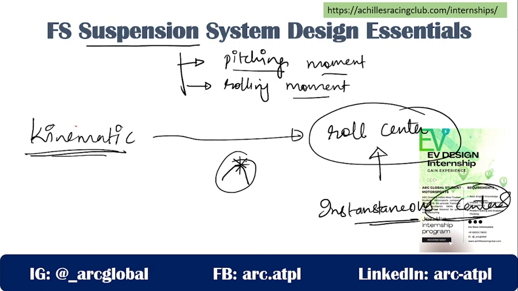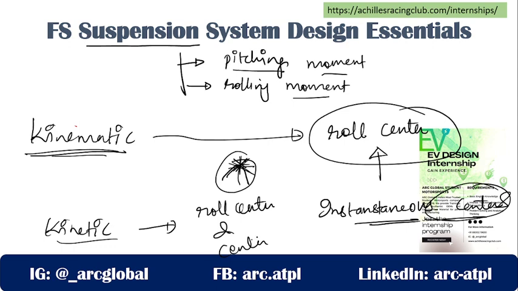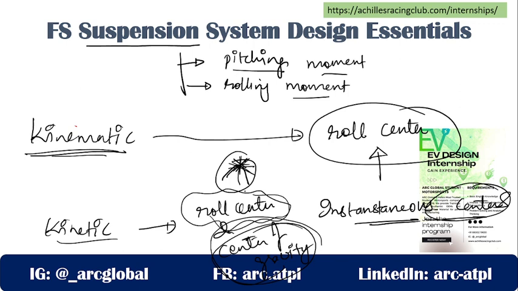And if I talk about the dynamic, the kinetic, the forces, then it is the combination of roll center and center of gravity position. The weight transfer will always take place along the center of gravity, but the pivot which regulates the motion is the roll center.